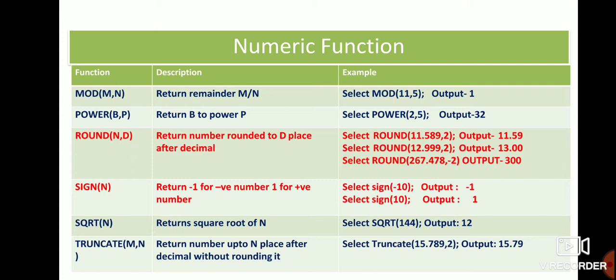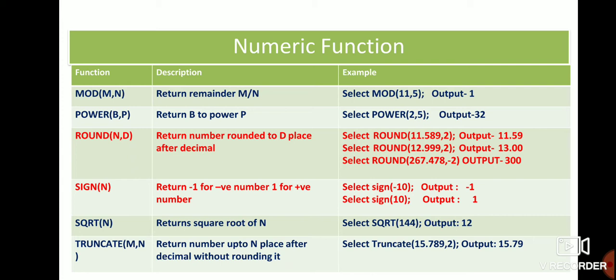It returns -1 for a negative number and 1 for a positive number. Like select sign -10, so it is a negative number, you will get -1. And select sign 10, it is a positive number, so you will get positive 1.